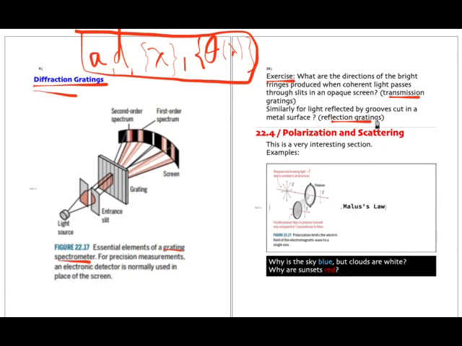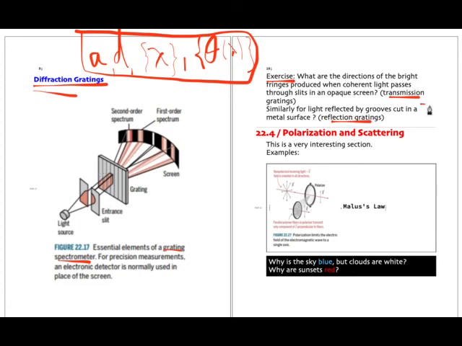So in a reflection grating, you have grooves cut in a metal surface and light reflected from those grooves. And so each groove acts as a little source. Just like in a transmission grating, each slit acts like a little source. And there's the same kind of diffraction pattern produced in reflected light.